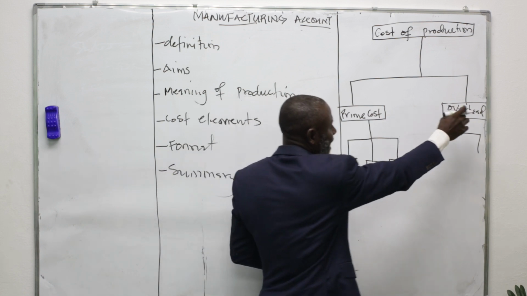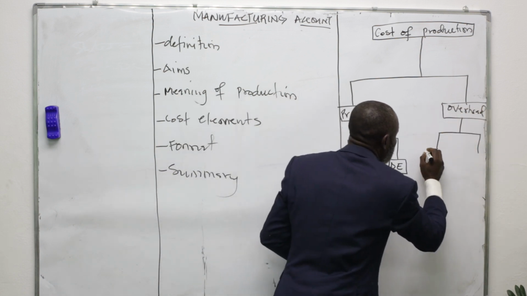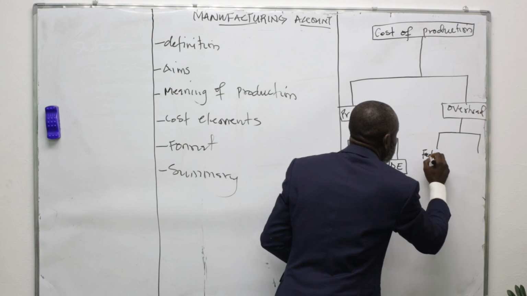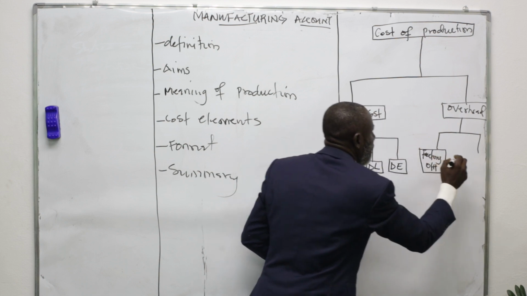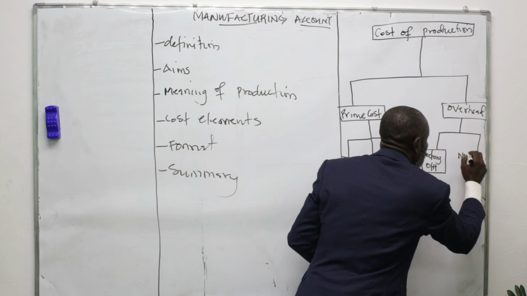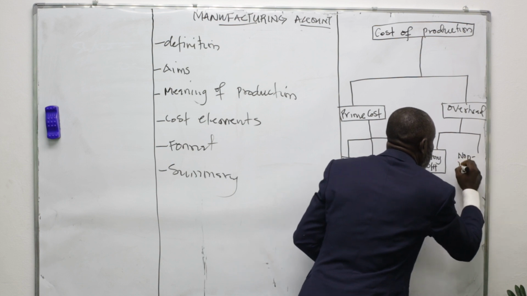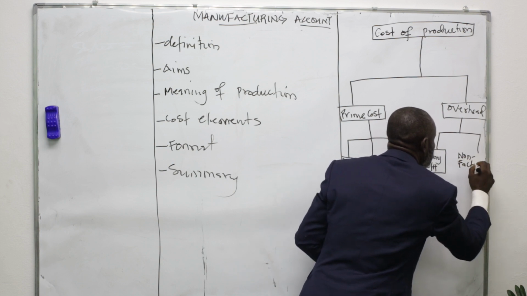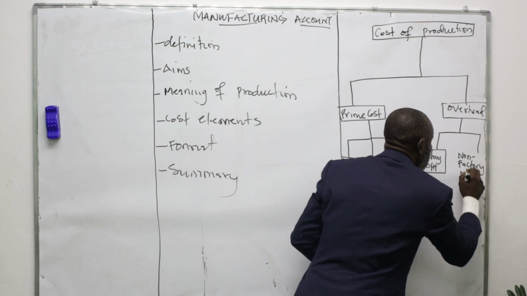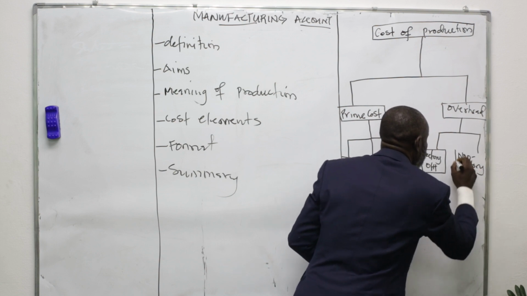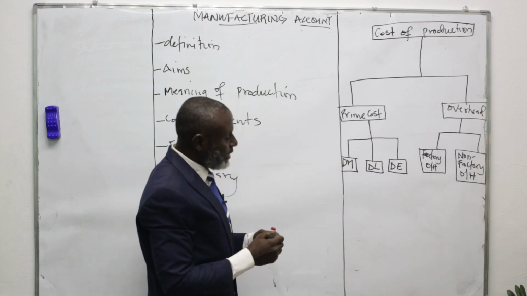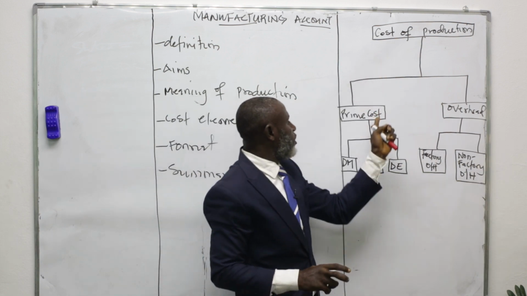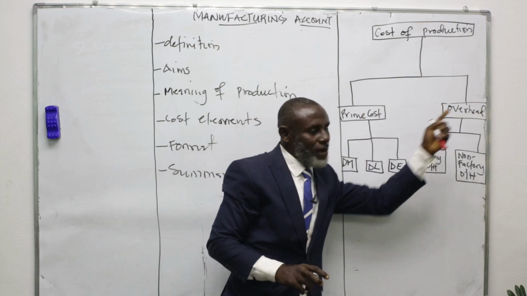For overhead, you have factory overhead, and you have non-factory overhead. So it means that production cost is a combination of prime cost and overhead.